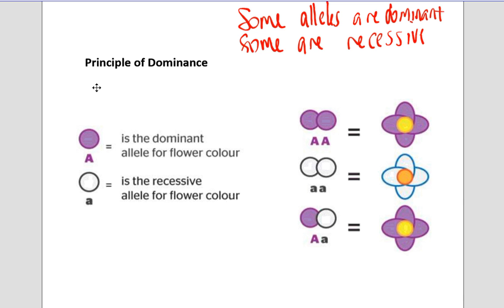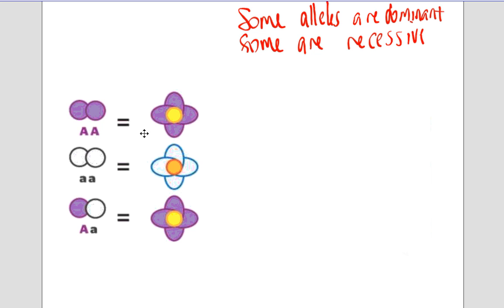So if the dominant allele in flower color is purple and an individual has a purple allele, then you will always see purple. You won't see a mix between purple and white. You'll see purple because white cannot express itself when a dominant allele is there. The only way it can express itself is if there are no dominant alleles. So if there are two recessive alleles, for instance, since we all have two copies of a gene, two alleles, there are no dominants, and so the white can express itself.